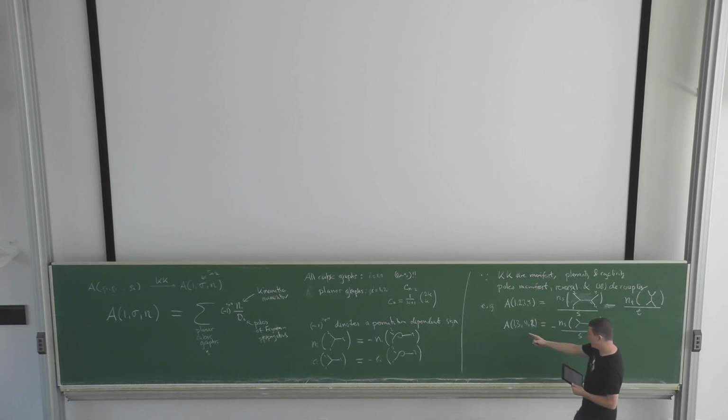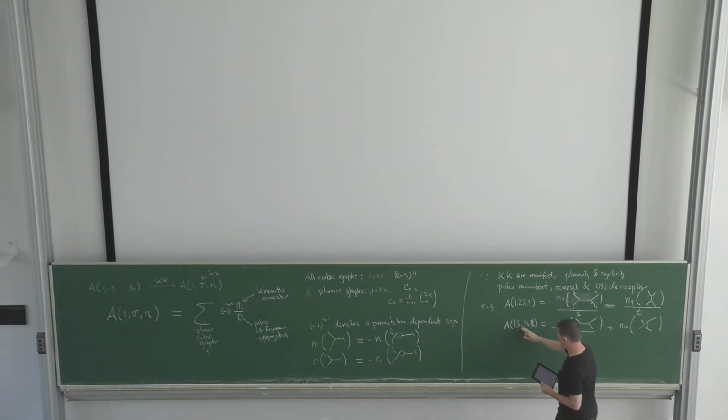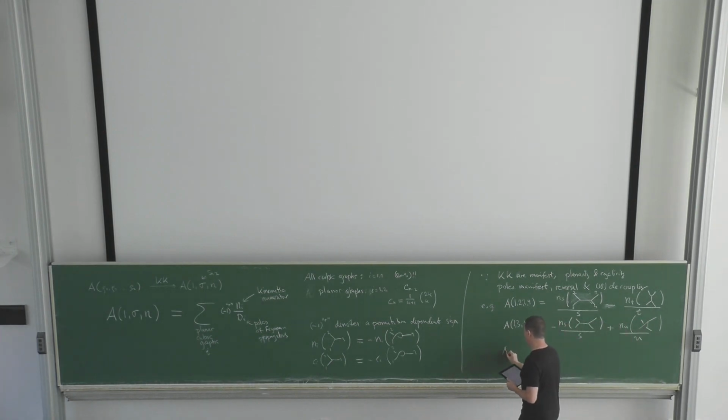Then we also have a U channel, which is the 1-3 channel here, which is adjacent. So there has to be an NU. And let me draw that as a non-planar graph. It is planar in this ordering here, but just because I want to distinguish the graphs so they don't look exactly the same, I'm going to draw it as a non-planar graph. And then there's one more partial amplitude that you can write down, which looks different, and that's 1, 4, 2, 3.